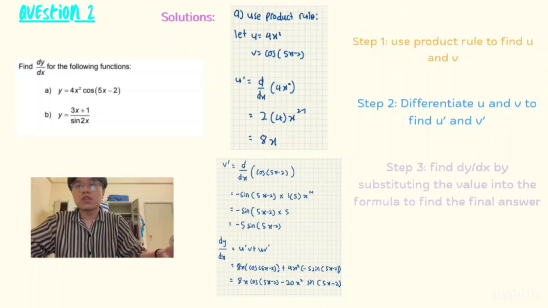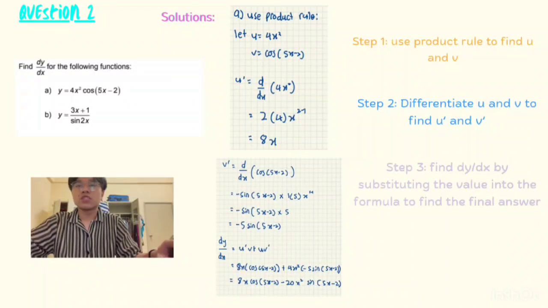After that, we will need to find u prime, which is d over dx of 4x squared. Differentiating that, you will have 2 times 4 times x to the power of 2 minus 1, which gives 8x. After that, we will need to find v prime, so it will be d over dx of cos 5x minus 2.